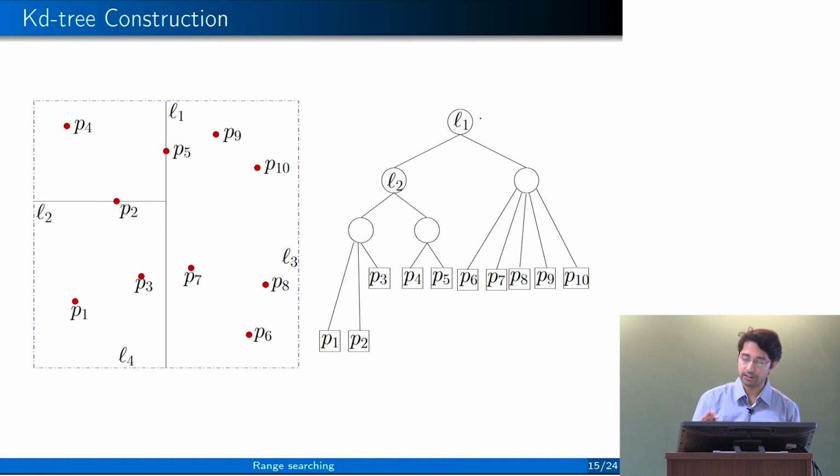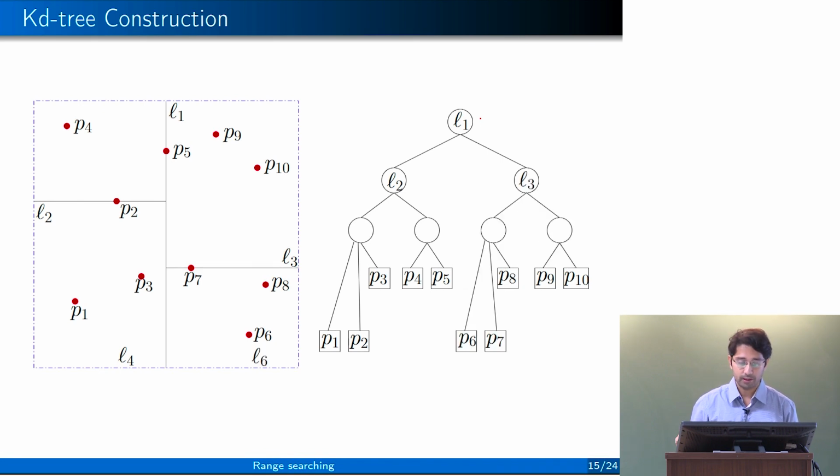It divides the points into two parts: the points above L2 and the points below L2. On the right-hand side I will find the median y coordinate, which divides the points into almost two equal parts. This is L3: some points are above L3 and some points are below L3. Are you with me?